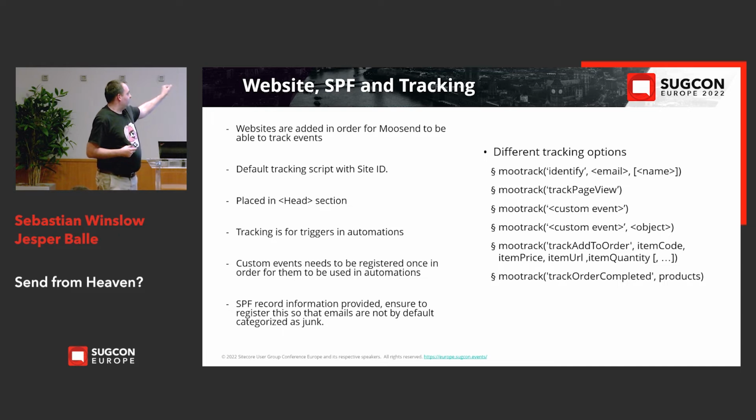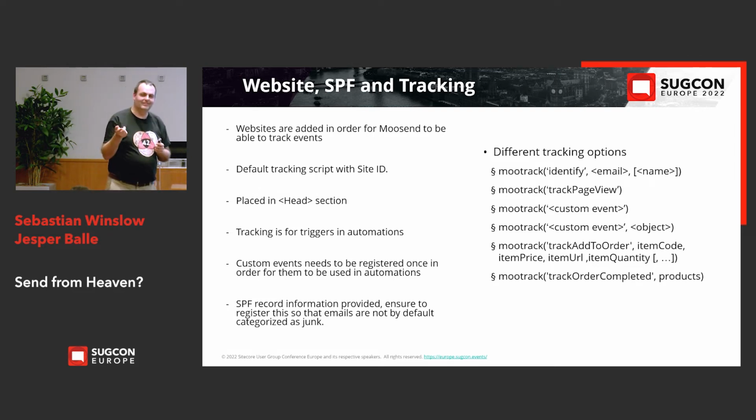Things that you need to bear in mind is that custom events, you can track anything you want, and custom events can be used as soon as you have tracked them once. It sounds a little bit weird.